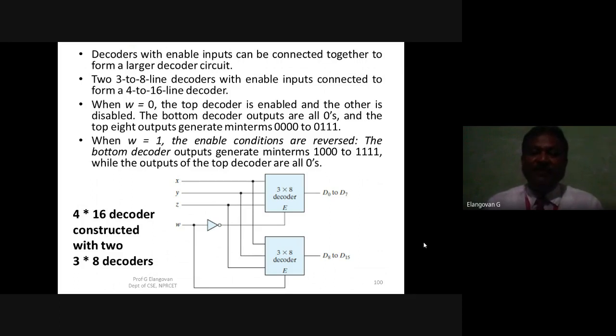When 0 is given, the top decoder is going to be activated. When 1 is given, the bottom decoder is going to be activated. The top decoder is considered as the lower values, and considering W, X, Y, Z, W, the MSB, is connected to the enable input. So with the help of two 3 to 8 decoders, we are able to achieve a 4 to 16 decoder.